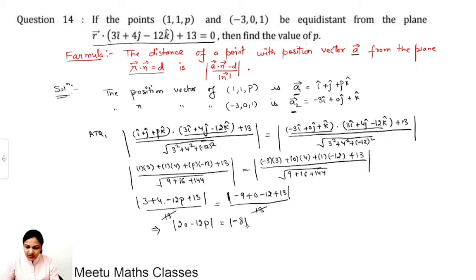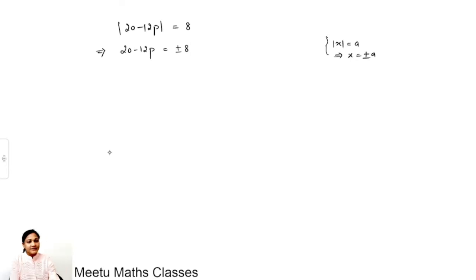Now this gives the modulus of 20 minus 12p equals the modulus of minus 8, which is 8. Using the rule that modulus of x equals a implies x equals plus or minus a, 20 minus 12p can be either plus 8 or minus 8.